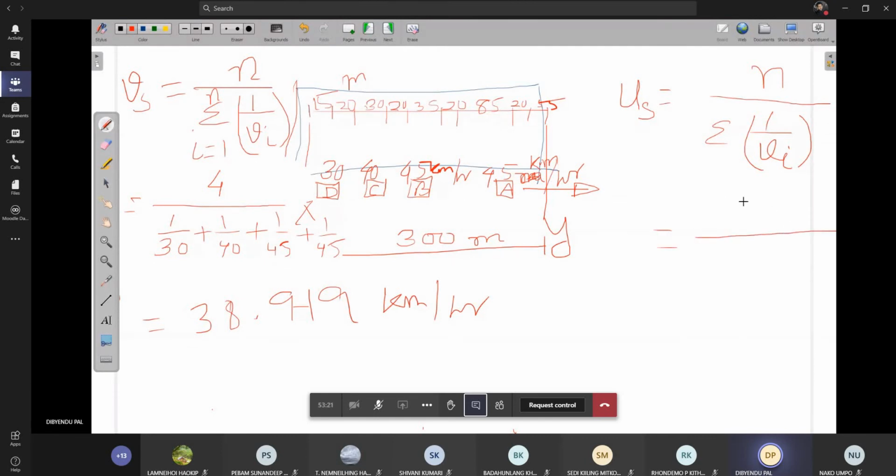Now see, n divided by 1 upon u_i. What is this? This is basically distance divided by speed. Distance divided by speed is what?